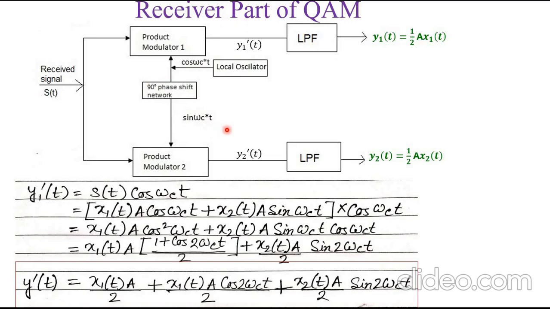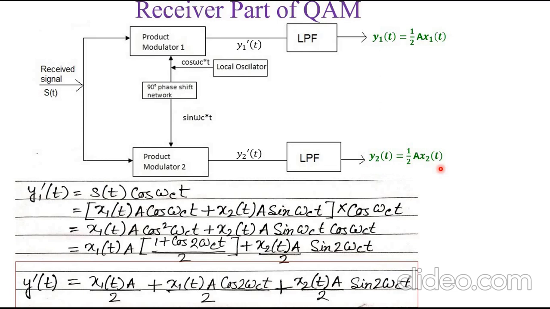As per this product modulation, this is generating y1'(t) and this is generating y2'(t). After that, we pass these through a low pass filter. So over here you will find y1(t) equal to 1/2 A x1(t), and over here y2(t) equal to 1/2 A x2(t).